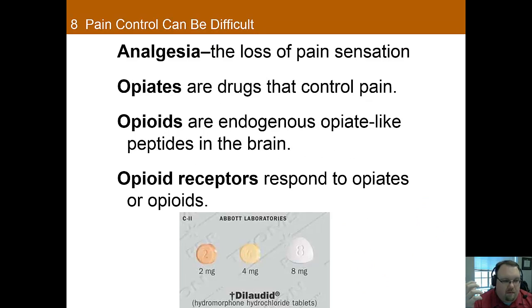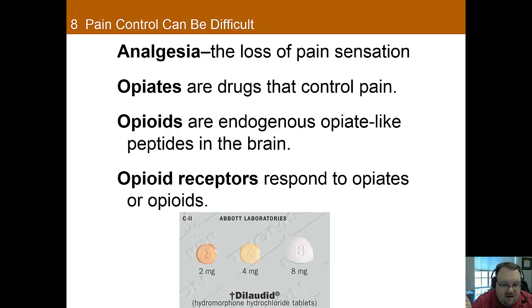So pain can be debilitating. It's a blessing in many ways, but it can be debilitating for a lot of people. Because of that, finding medications or strategies to treat pain is essential. Here we're looking for medications that have what we call an analgesic effect, meaning that they reduce or eliminate the sensation of pain. As we've discussed, opiate drugs such as morphine or Dilaudid are very effective in treating pain.